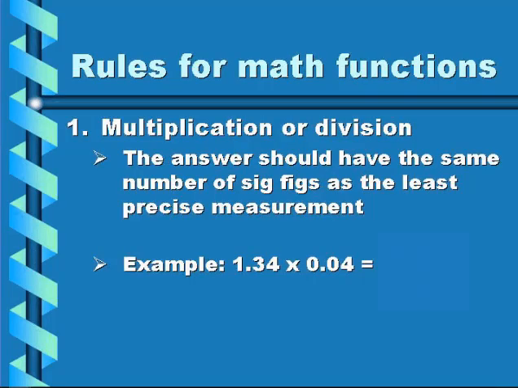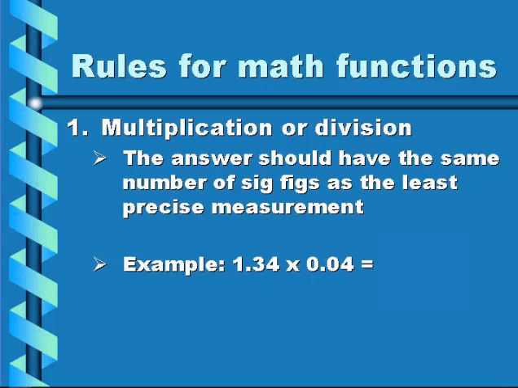Besides just counting sig figs, when you are doing measurements, you're going to have to put your answer in the correct number of significant figures. When you multiply or divide, your answer should have the same number of sig figs as the least precise measurement.